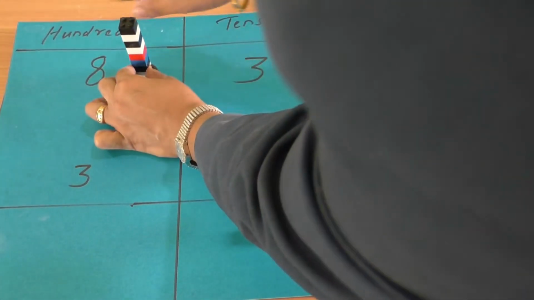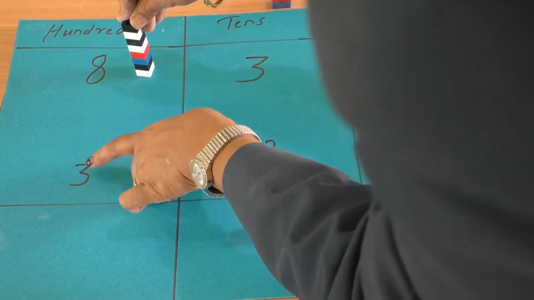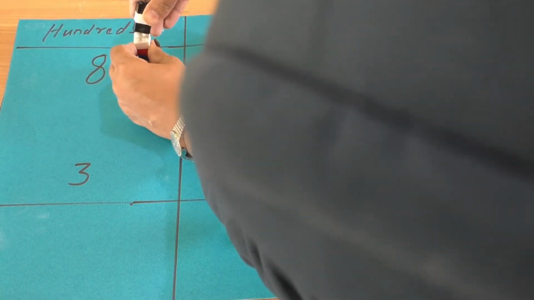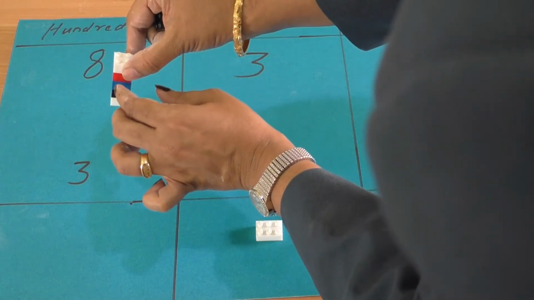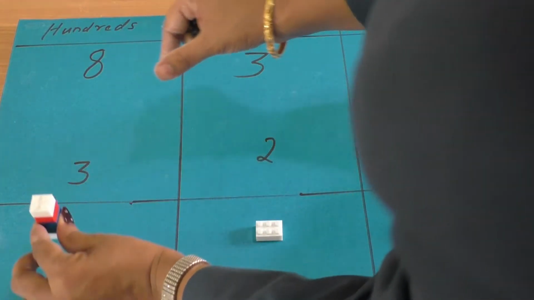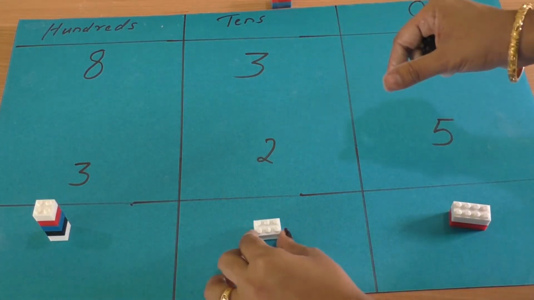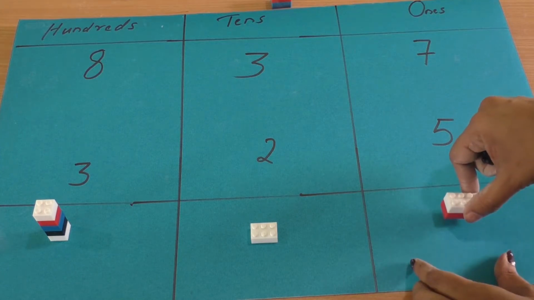You have here 8 blocks. You have to remove 3 blocks from here. Yes. You got how many blocks? 1, 2, 3, 4, 5. So, hundreds place 5 blocks and tens place 1 block and ones place 2 blocks.